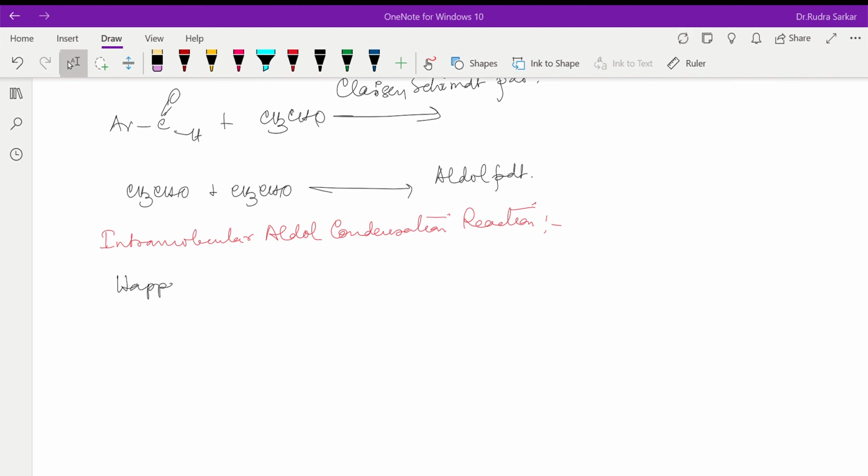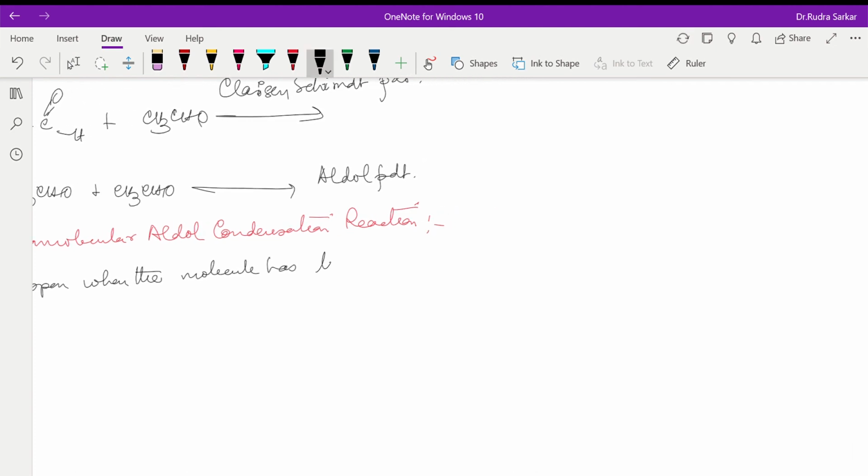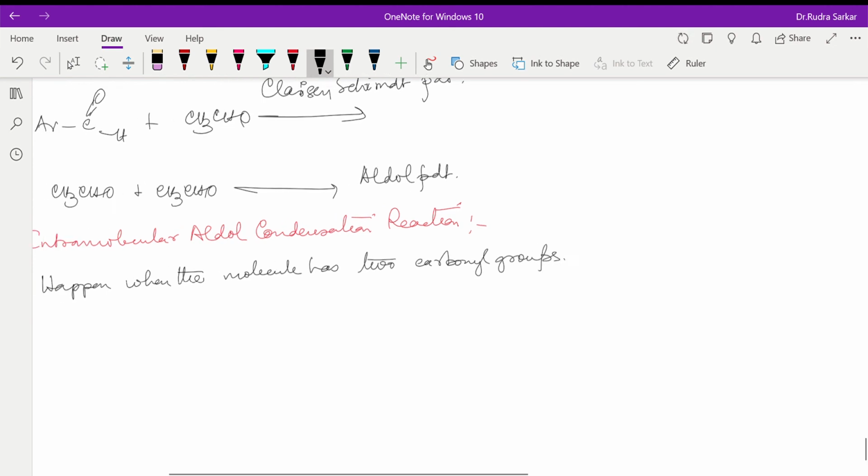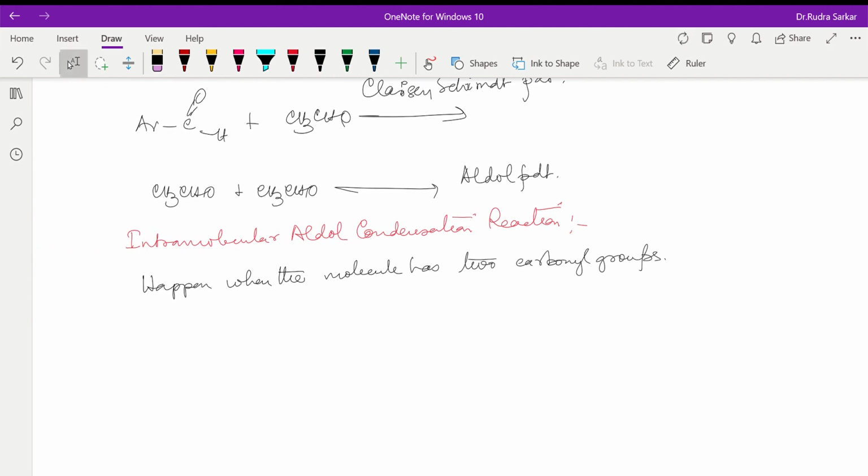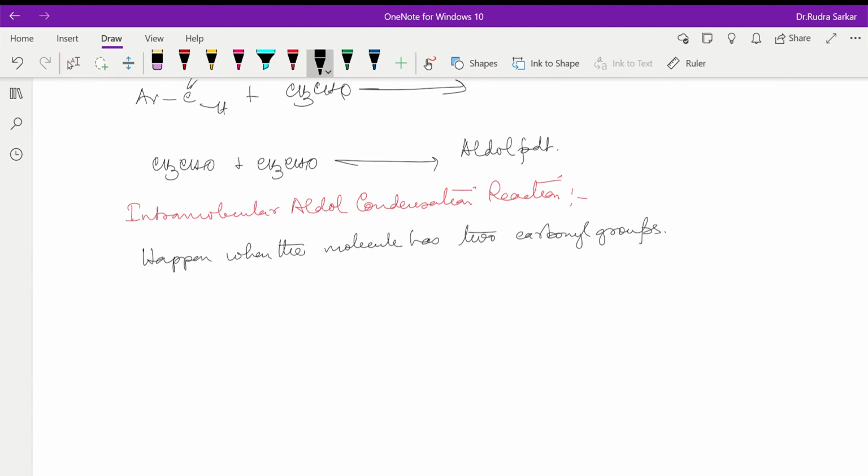Happens when the molecule has two carbonyl groups. It can be ketone ketone or aldehyde aldehyde or ketone aldehyde. Okay, so these are the possibilities. So I'm just taking one simple, easy example for the sake of simplicity. Now I've given you this, NaOH in presence of heat.